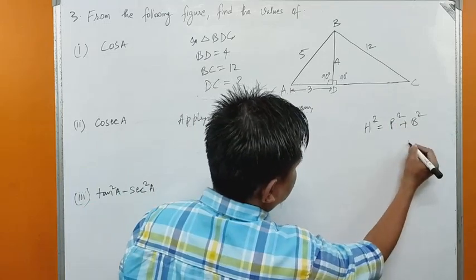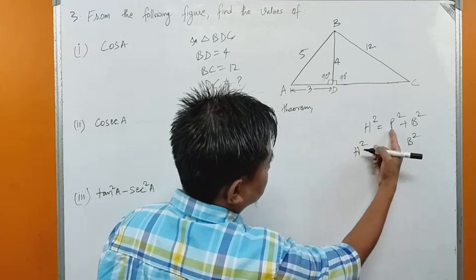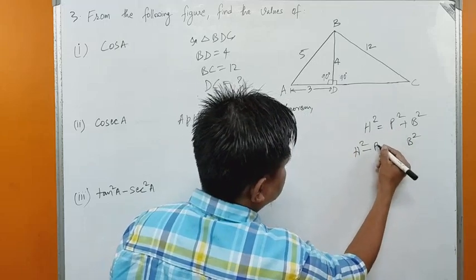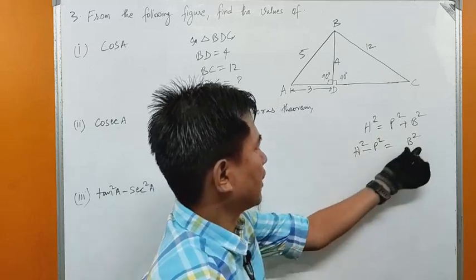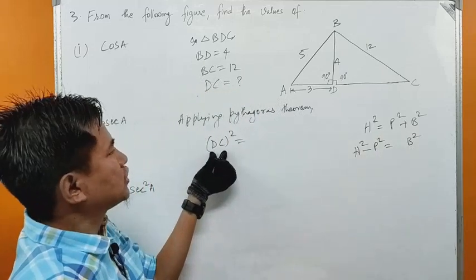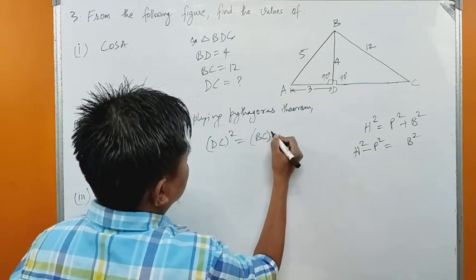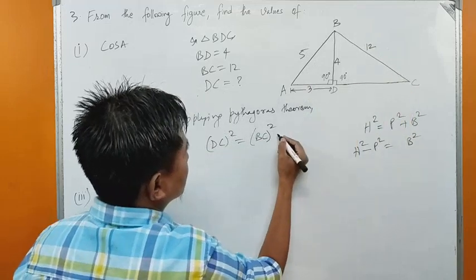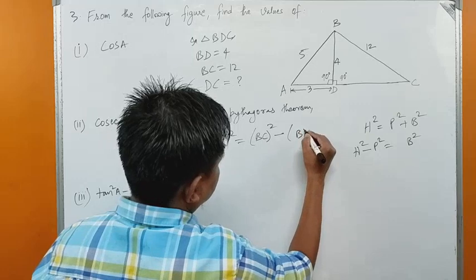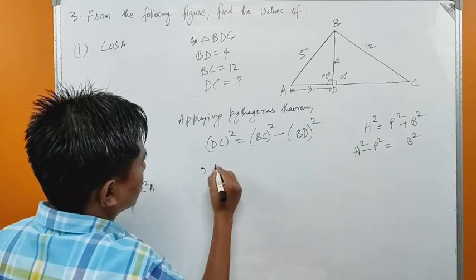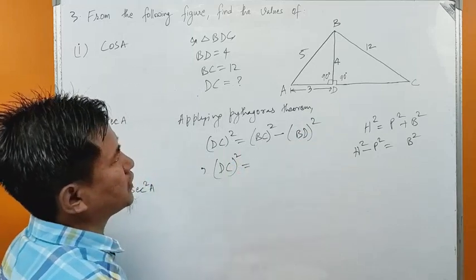So base square we keep in the right hand side, and in the left hand side we have h square. Let's bring this plus p square to the left hand side, it becomes minus p square. H square minus p square equals base square. So base square DC square equals h square, that is BC square, hypotenuse is BC square minus perpendicular is BD square, or DC square equals BC, what is BC?